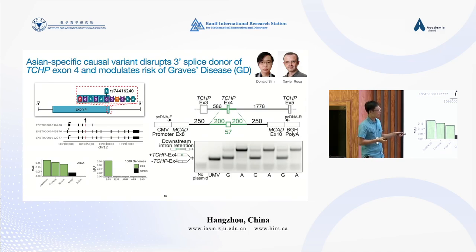G is the non-risk variant, A is the risk variant. So the non-risk variant leads to normal splicing, whereas the risk variant leads to intron retention, and that leads to nonsense-mediated decay, which leads to decreased expression, which leads to the eQTL.